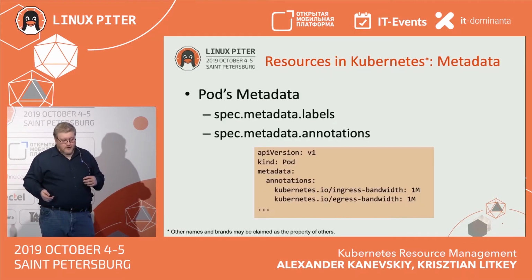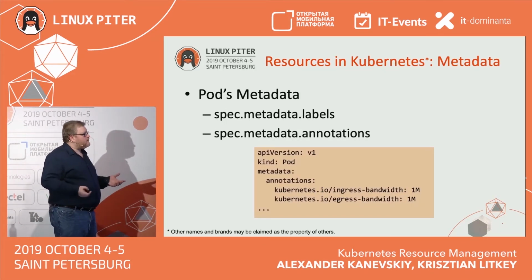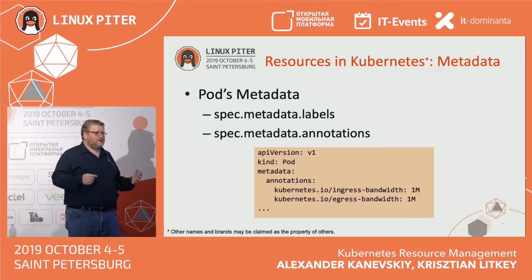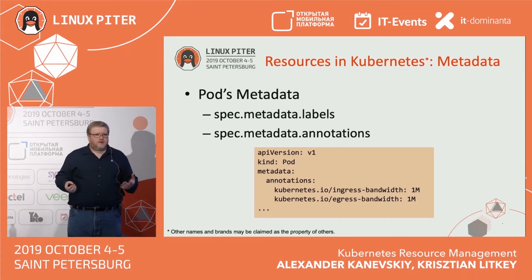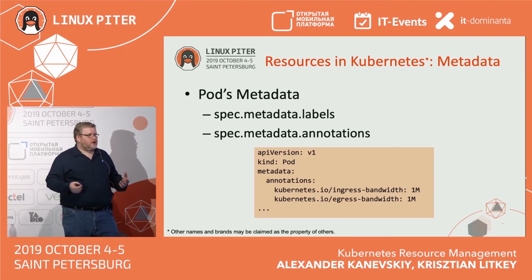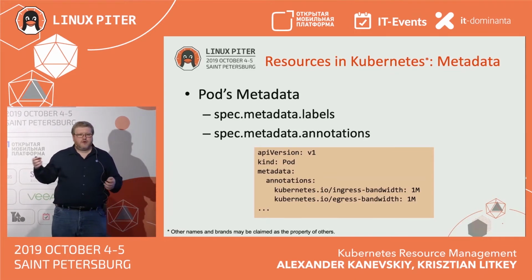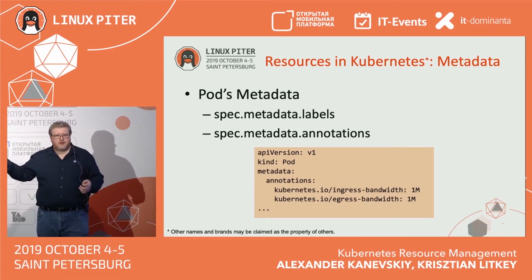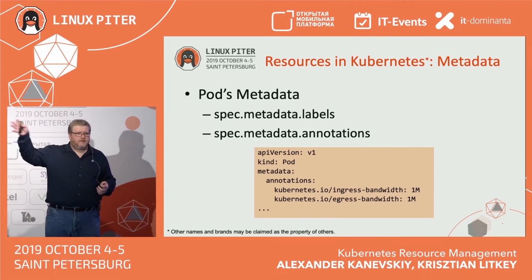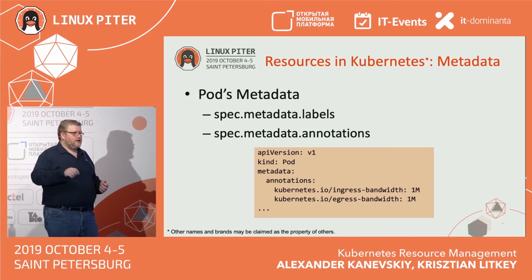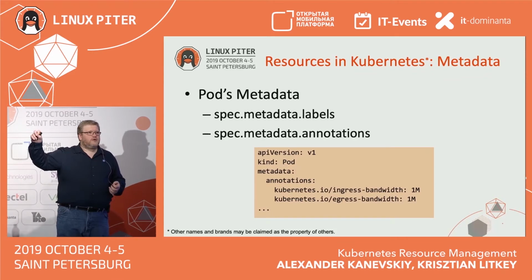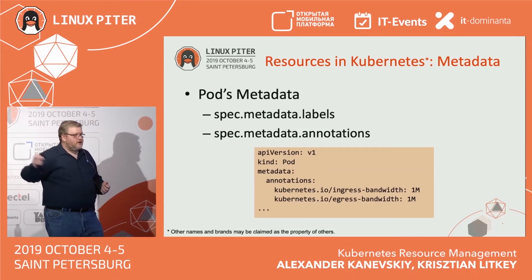But there are a few workarounds. One of the workarounds is using labels and annotations. Labels are usually used in scenarios where you have something really not countable. For example, you have a node which has a particular instruction set, like AVX 512, and then you can say, use this workload only on the nodes which have that instruction.